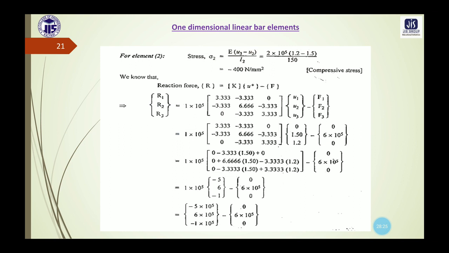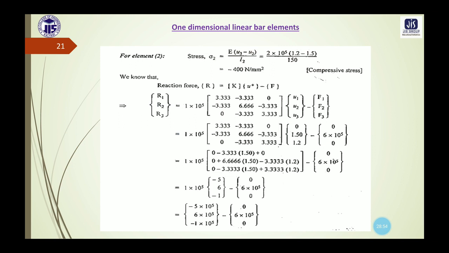So for the last part of the numerical, we need to calculate the reaction force. The formula of the reaction force is: the column matrix of the reaction force equals the stiffness matrix multiplied by the nodal displacement matrix minus the force vector matrix. Here all the values for K, U and F, for all these three matrices, are known to us.